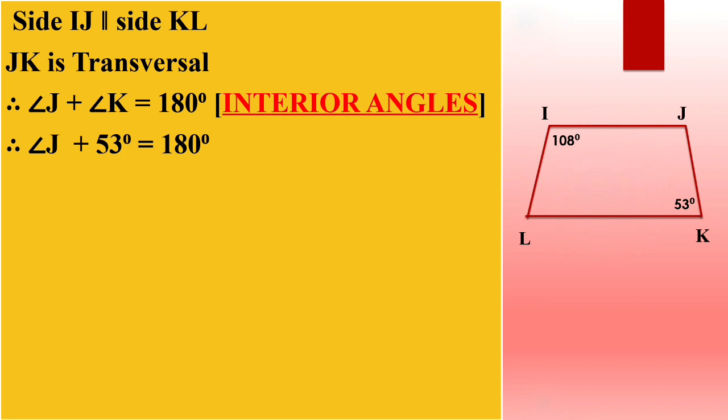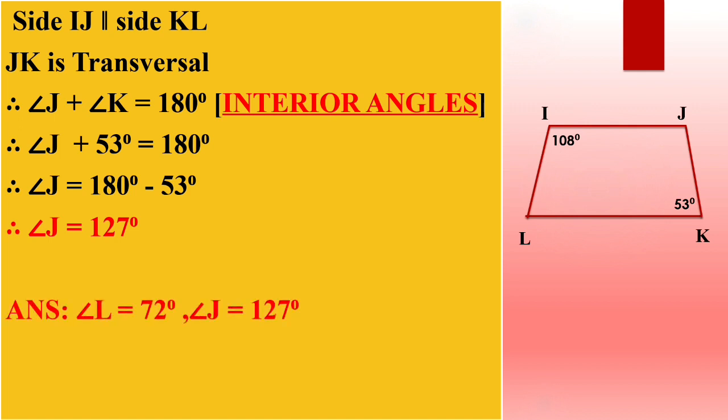Here we have substituted the value of angle K. Now 53 will go to the right side and become minus. So angle J equal to 180 degree minus 53 degree. So here we get the measure of angle J equal to 127 degree. So here we got the measure of angle L and angle J. Angle L is 72 degree and angle J is 127 degree.